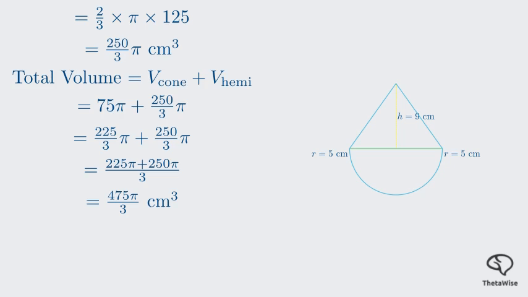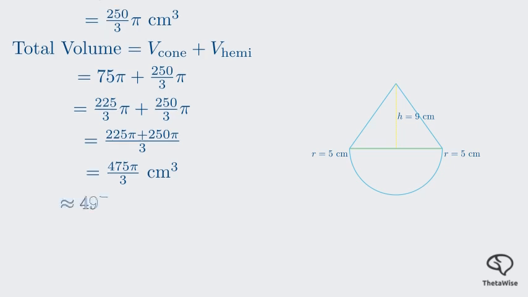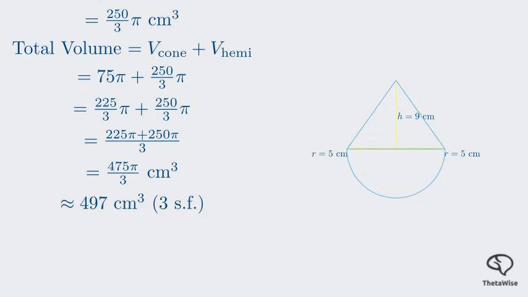Adding the fractions, we get 225 pi plus 250 pi all over 3, which equals 475 pi over 3 cubic centimeters. If the question asks for a numerical value, we can approximate this to 3 significant figures. 475 pi divided by 3 is approximately 497 cubic centimeters. The process of breaking down composite solids into simpler shapes is a key IB skill.